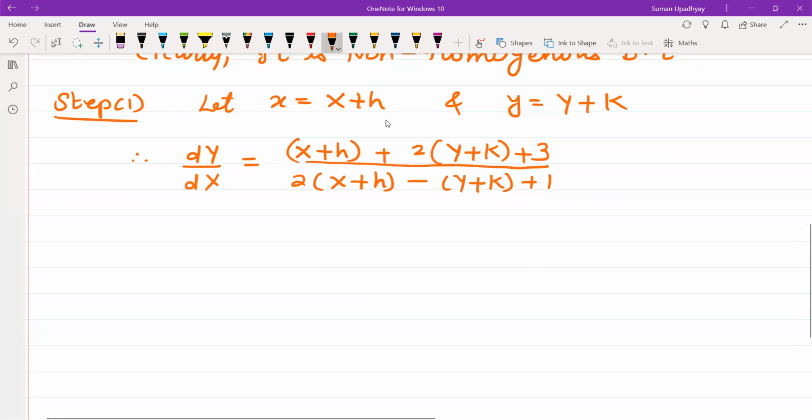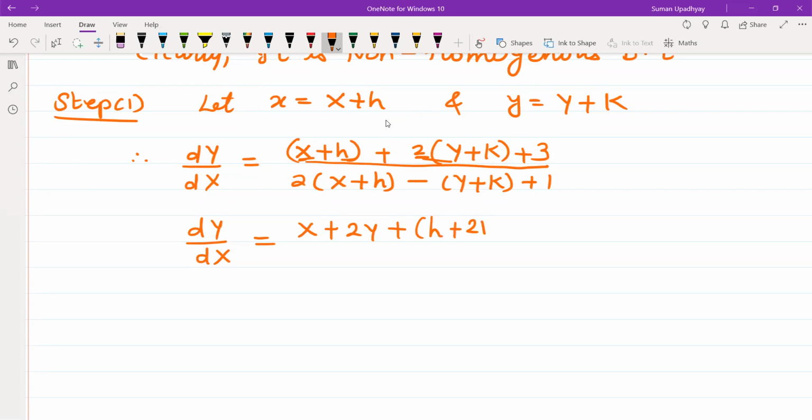Now the next step is we will be collecting all the variables together and all the constants together. So the variables X and 2Y we take together: X plus 2Y. Now collect all the constant terms together. Constant terms are h, 2 multiplied with k gives 2k, plus 3. So constant terms are h plus 2k plus 3.